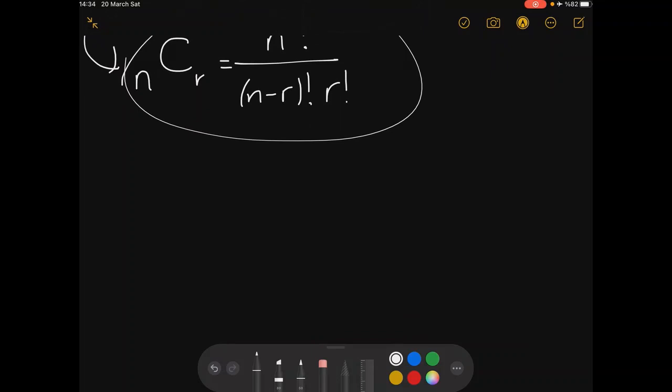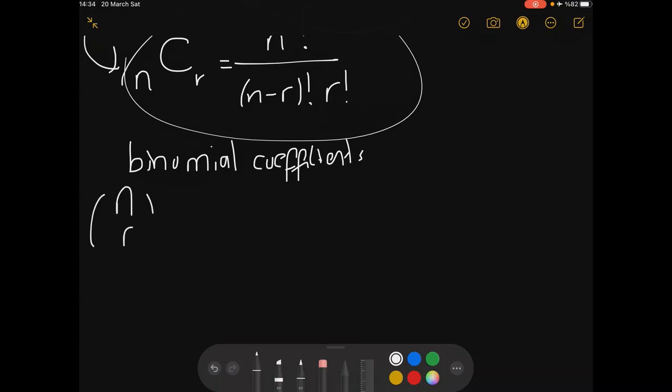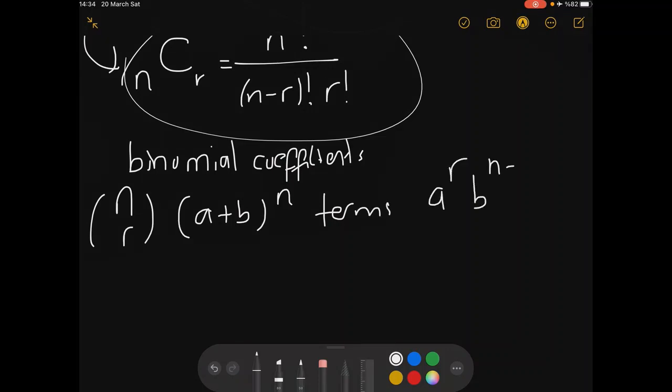And these are also called the binomial coefficients, right? When you do binomial expansion and you try to expand this, you will have terms like a to the r, b to the n minus r. And what are the coefficients of these terms?